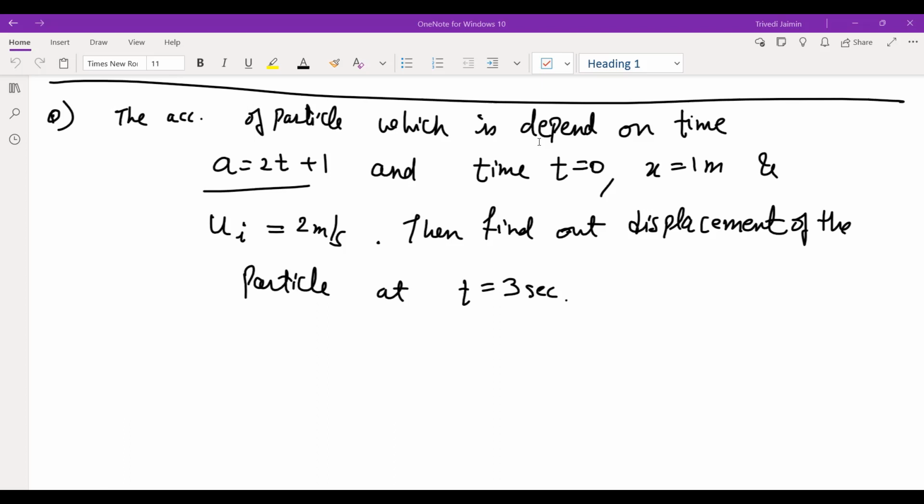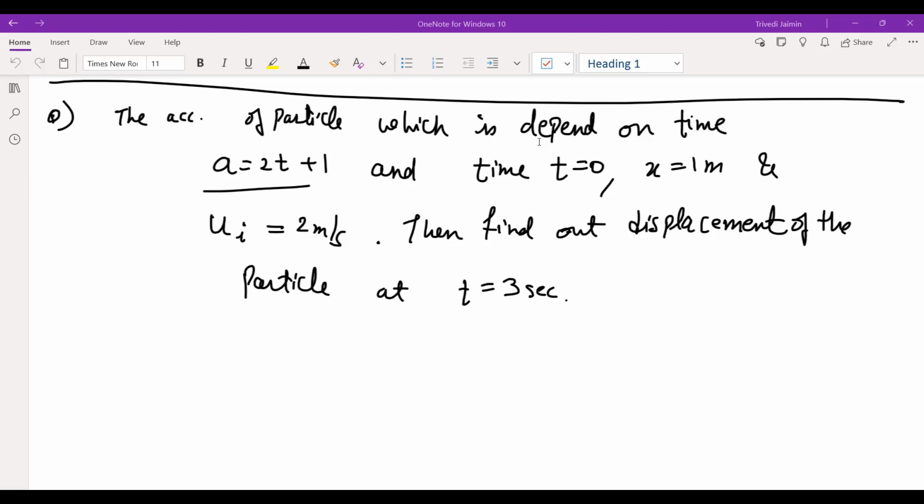So should I take the limit as 3 and 0, sir? Should I take the limit as 0? Limit is 0. The limit as 0 to 3 or 0 to t? 0 to 3. For t it should be 0 to 3, fine.